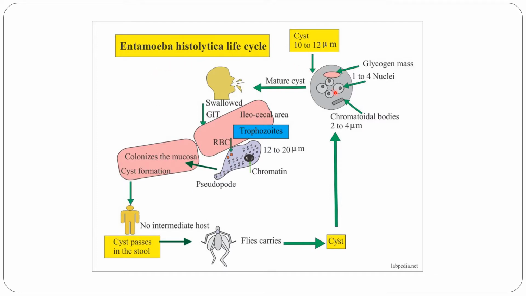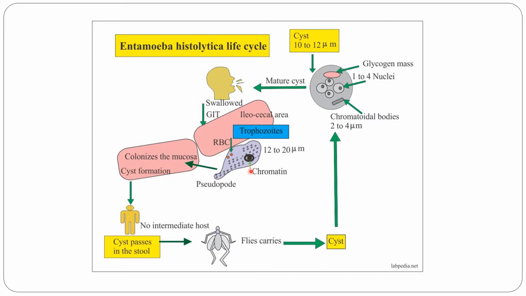This is the cyst, measuring about 10 to 12 micrometers. When ingested by man through contaminated food, it is swallowed and then it reaches the RBC. Within the RBC, it forms a trophozoite. This trophozoite measures about 12 to 20 micrometers.